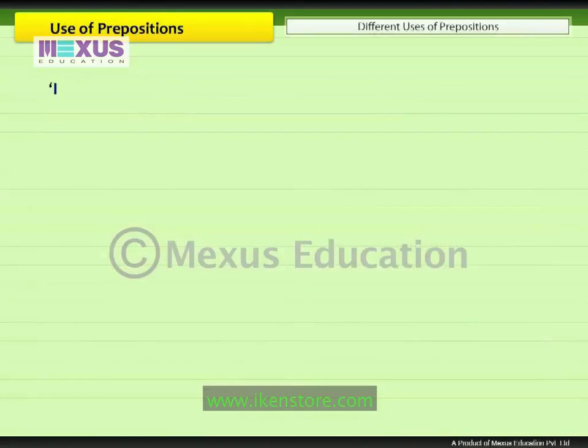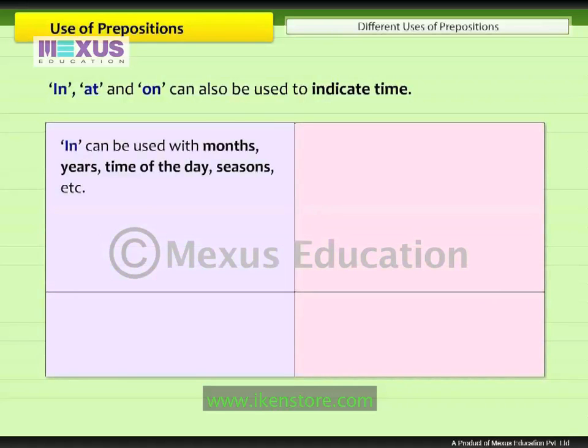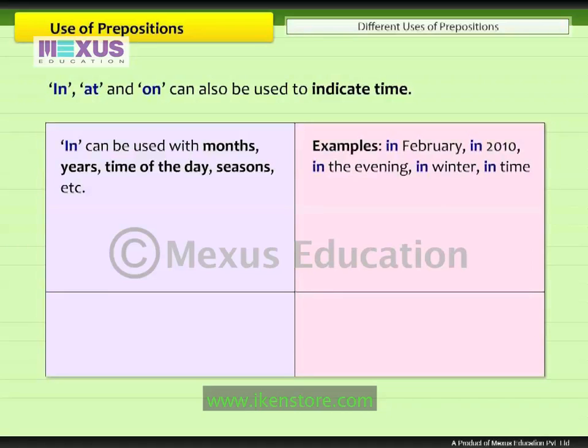However, in, at, and on can also be used to indicate time. In can be used with months, years, time of the day, seasons, etc. For example, in February, in 2010, in the evening, in winter, in time.